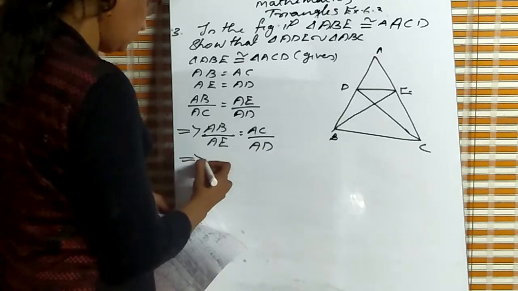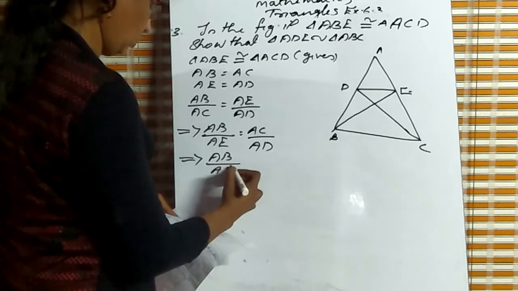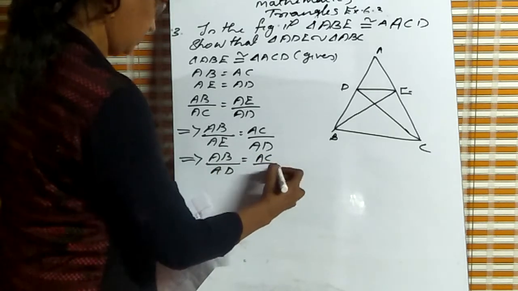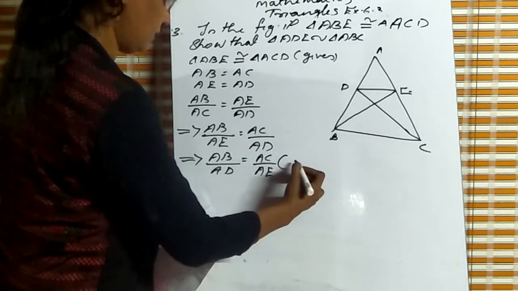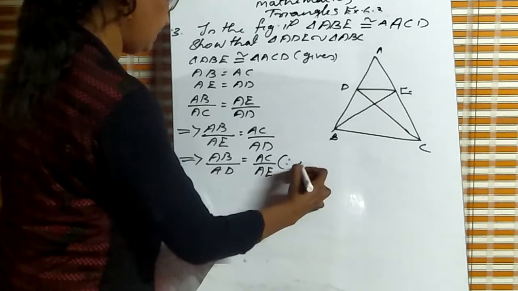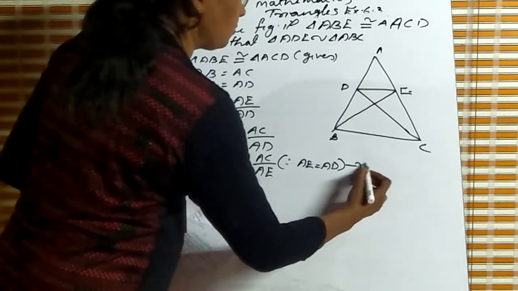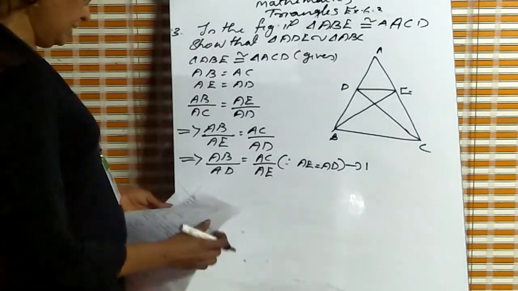Again implies AB by AD is equal to AC by AE. This is equation 1.